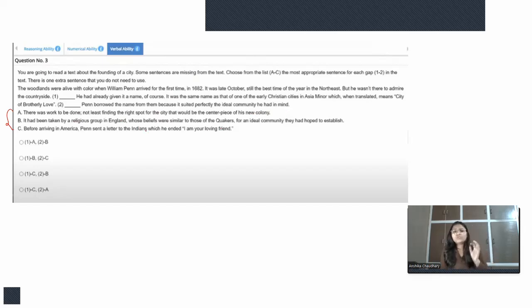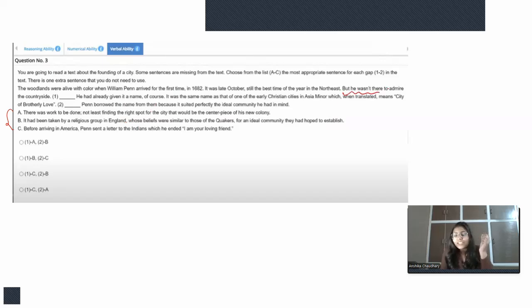All right. So we are talking about the city, right? The woodland were alive with color. William Penn arrived the first time, and in late October, it was the best time of the Northeast. But he was not there to admire the countryside, although the country was very beautiful at that time, right? When William Penn arrived at that city, the country was so beautiful, so elegant, but that was not his purpose, right?